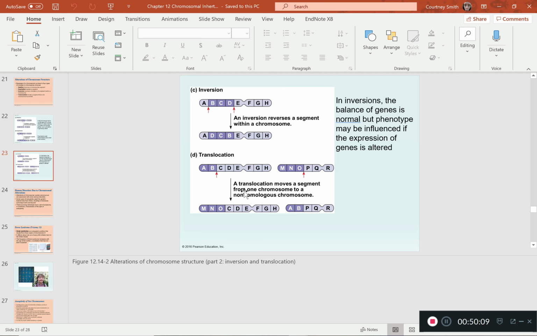But if it was the same amount, so in this case, the first chromosome had 8 segments, and if we ended with 8 segments, it might have been okay. But in this case, since there is one additional segment, the likelihood of it being not harmful is minimized. So translocation can be harmful, but it just depends on what gets replaced, essentially.